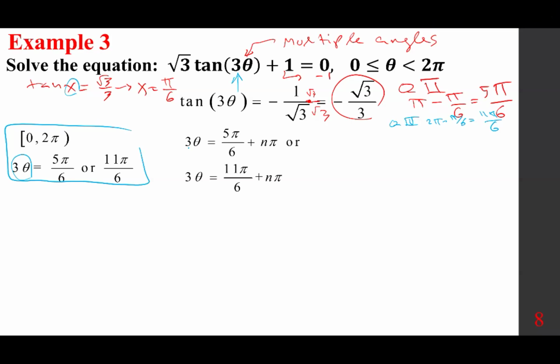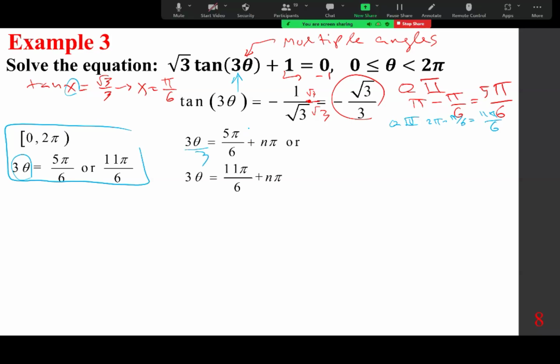So if I'm dividing everything by 3, that means this becomes theta, this becomes 5 pi over 18, this becomes n pi over 3, this becomes 11 pi over 18.